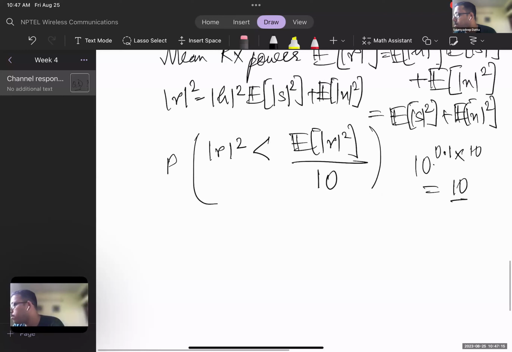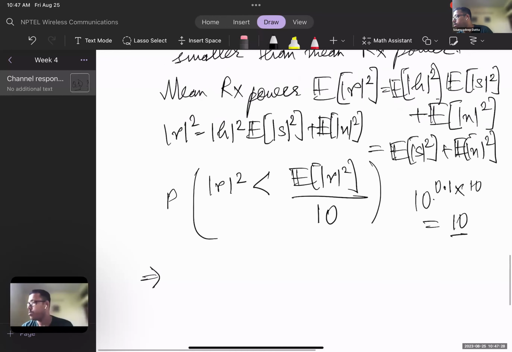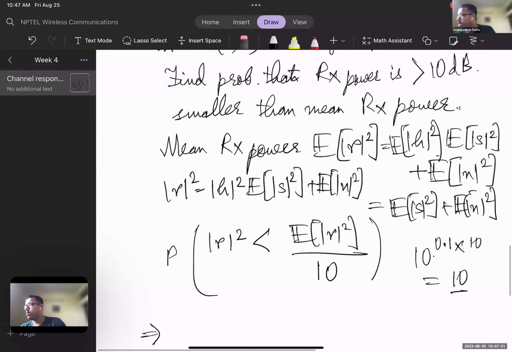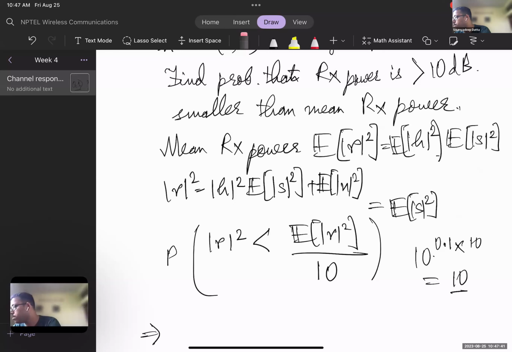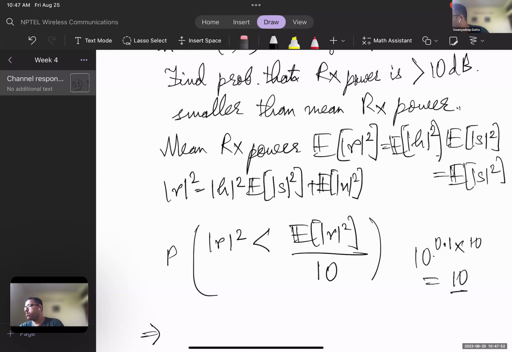So if I do some simplification over here, actually, I have made a mistake here. This part is actually not the received signal power. This is the noise power. So I shouldn't consider the noise power in the signal power. Let's not talk about the noise power from now.